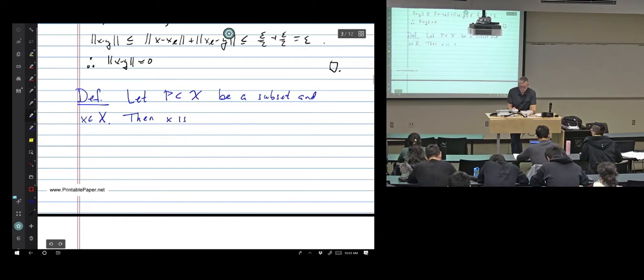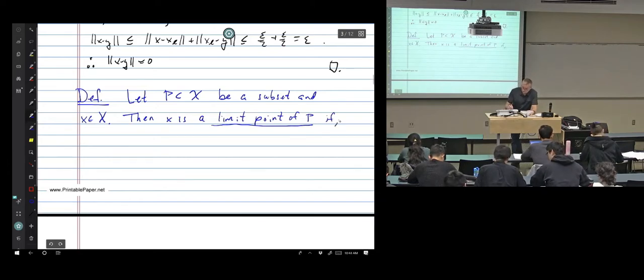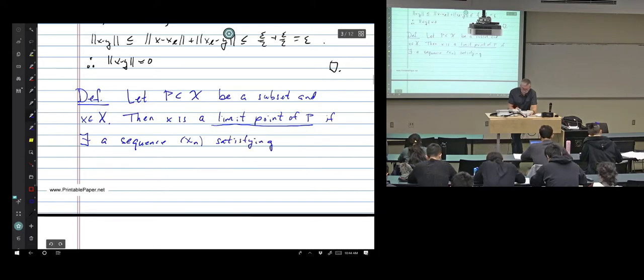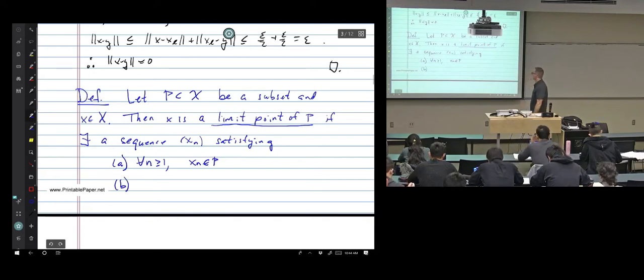Then x is a limit point of P if there exists a sequence xn satisfying two properties: all of the elements of the sequence are in P, and the sequence converges to x.